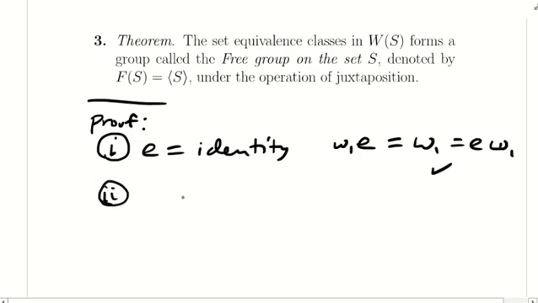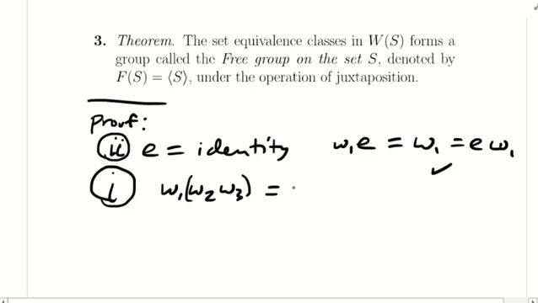Oh, that should be number 2. Group axiom 1 is associativity. Is this true? Well, yeah, definitely. There's really nothing to show.